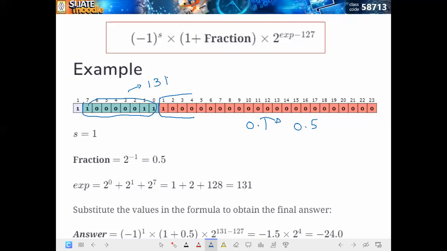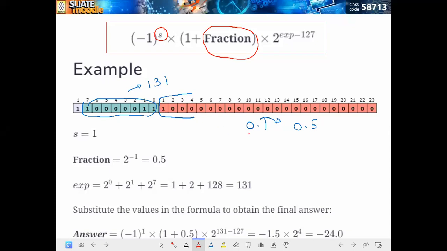Okay, now we have all the values we need for this formula, right? Now we have S, that's 1. Now we know the fraction, that's here 0.5. The fraction part we derived from here.